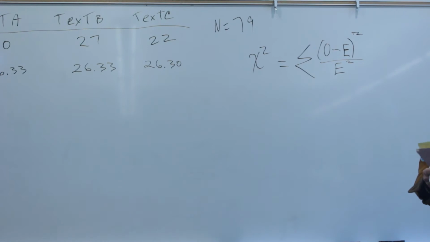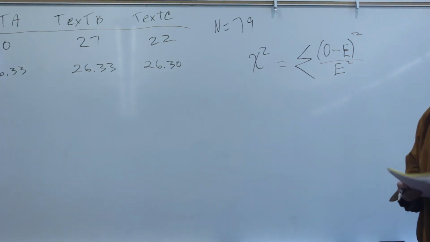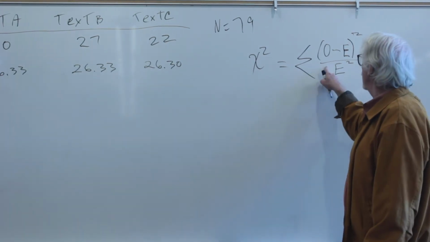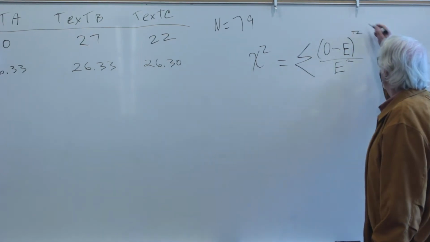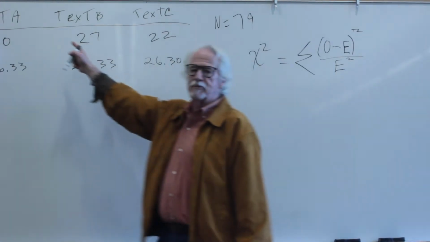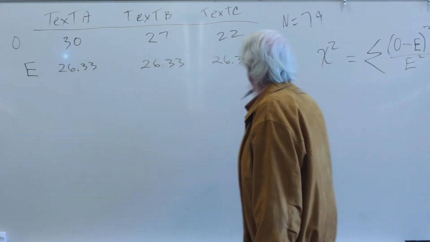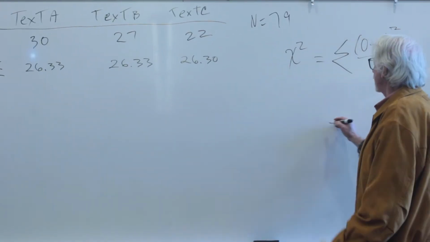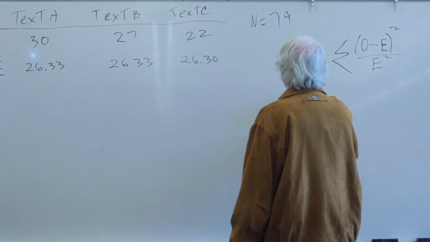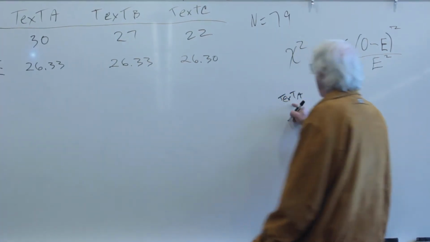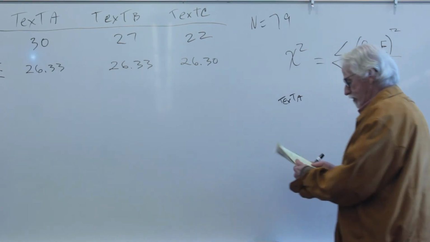Much simpler than what we've been doing. However, the trick is you have to do this part of the formula for every option. We want the total of all of these. So you have to do it for text A and text B. Let's do it.